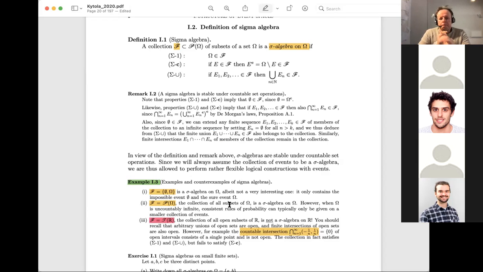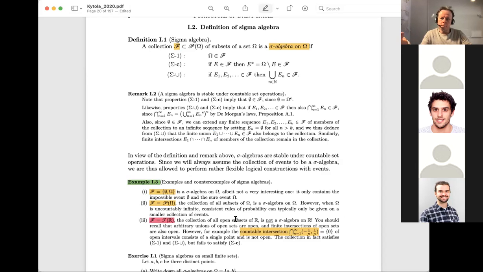For example, think about the open sets on the real line. It's quite natural that we would like to have a random variable or probabilities on the real line, and we would like to assign a probability for every open set. But now we learned that the open sets don't constitute a sigma-algebra by themselves.